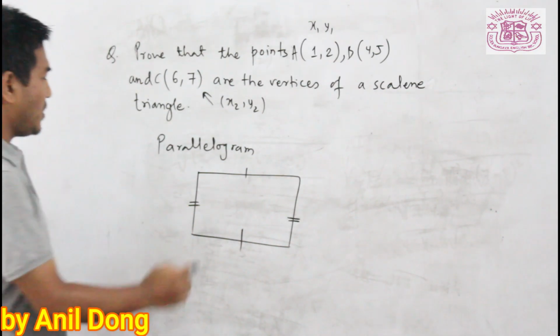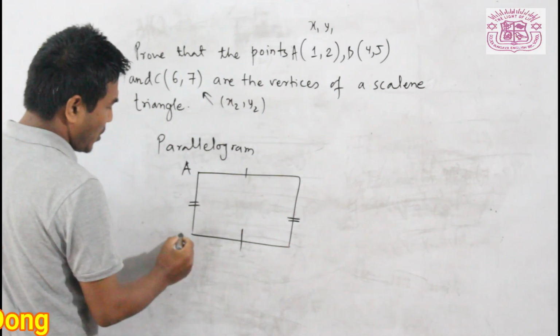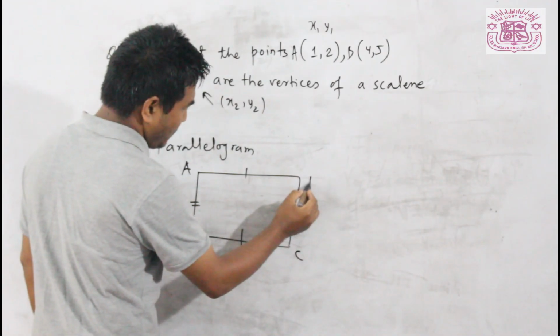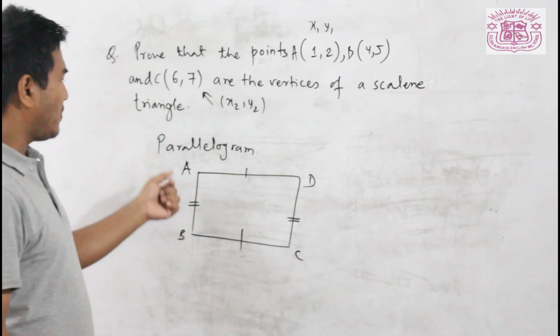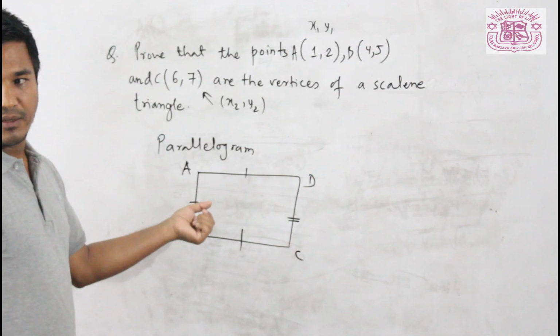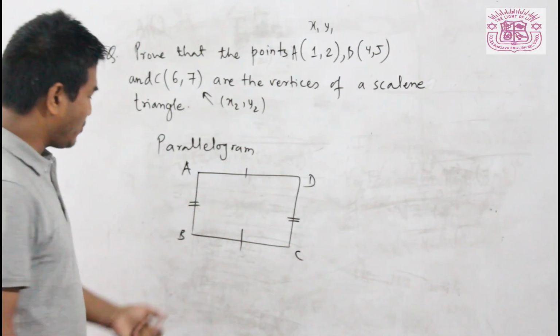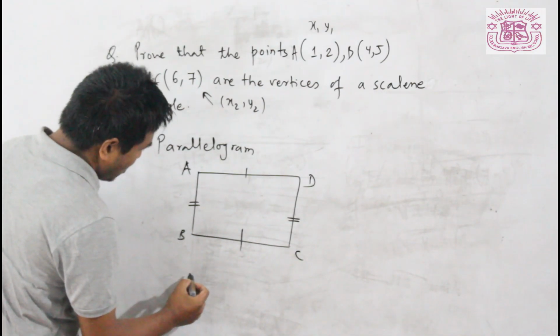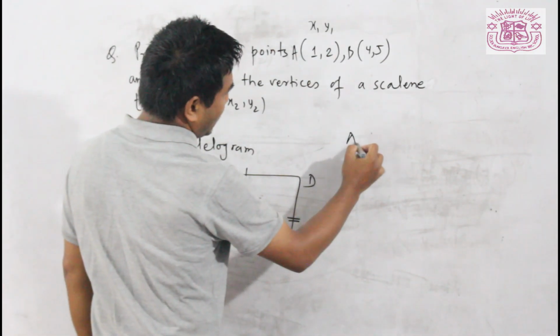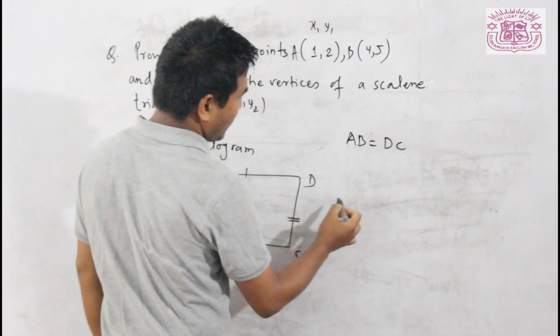Suppose the given points are A, B, C, D. For proving the given vertices as a parallelogram, you have to prove the opposite sides to be equal. So that means you have to prove AB equals DC.